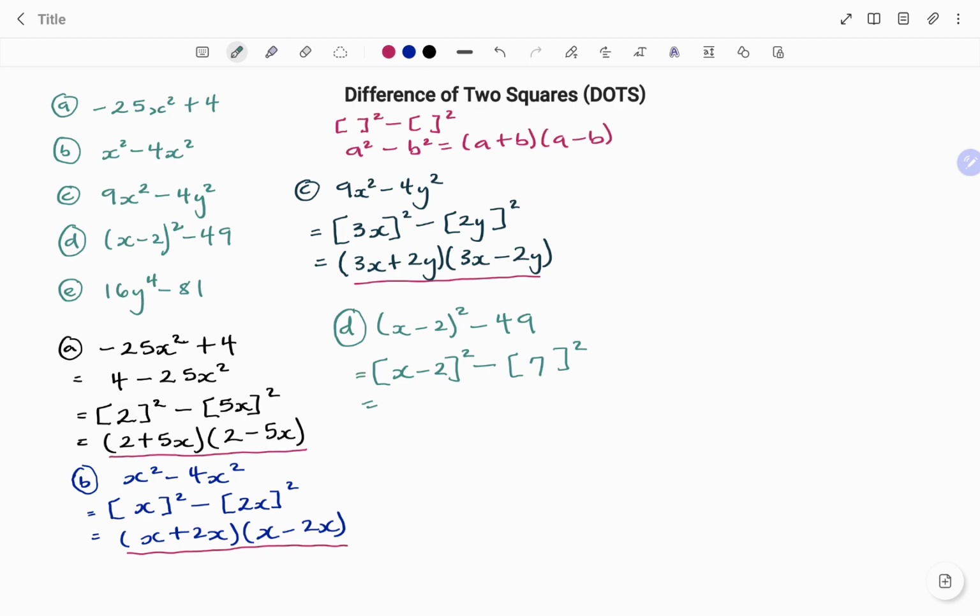Therefore, because I already have it in that format, I have my expression x minus 2 in the first bracket plus the content of my second bracket, 7, multiplying x minus 2 minus 7. I'm going to simplify. x minus 2 plus 7, that's x plus 5, close bracket, x minus 2 minus 7, x minus 9. That's my answer.